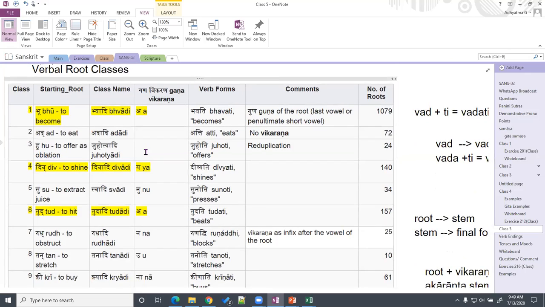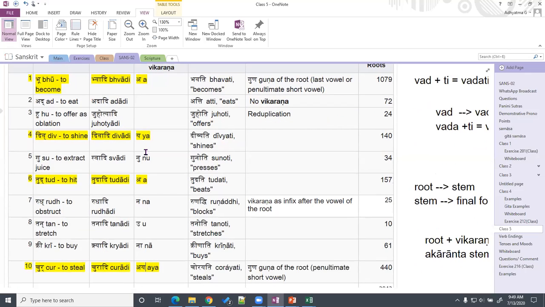What do you mean by infix? Infix simply means that this Vikarana comes between the root and the final ending ti, ta, anti.